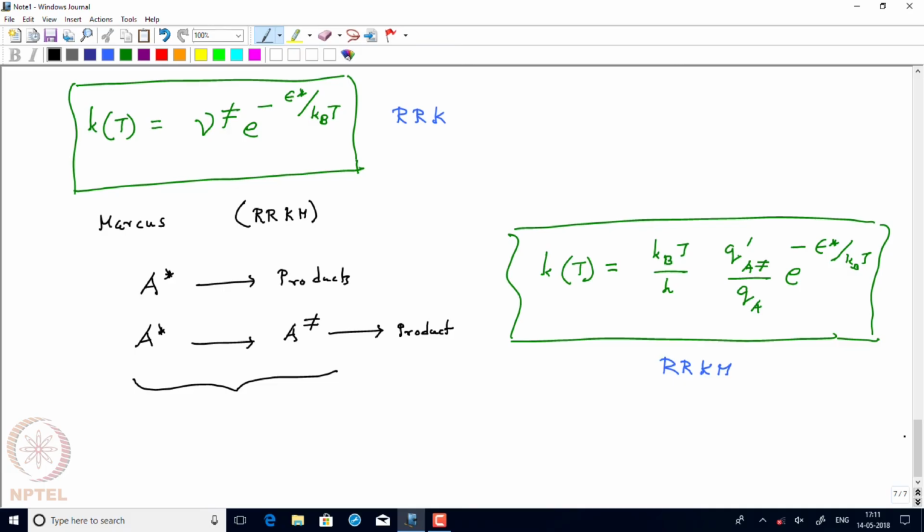Now to summarize this part: we talked about gas phase reaction dynamics, the bimolecular reaction and the unimolecular reaction.